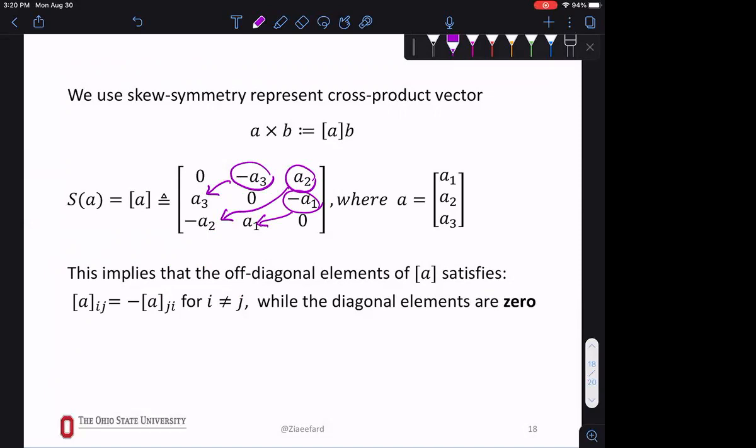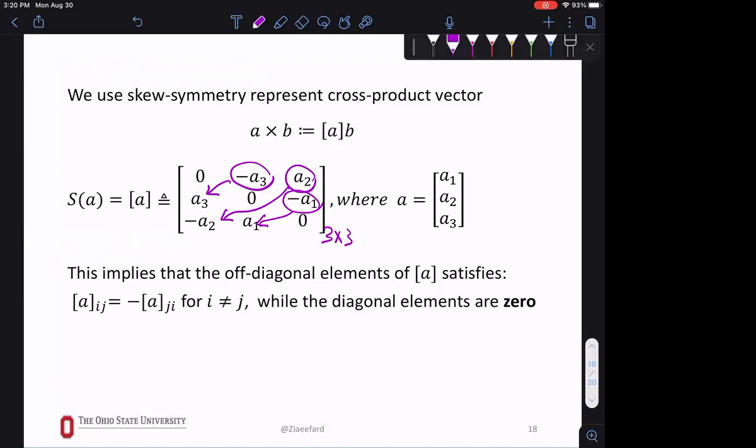In 3 dimensions, A1, A2, A3, the way to form a skew symmetric matrix is to place those elements in your 3x3 matrix such that Aij is negative Aji and Aii is 0. So all the diagonal elements are 0. Off-diagonal elements are equal in magnitude but have a negative sign. So Aij is negative Aji. That's how you create it.